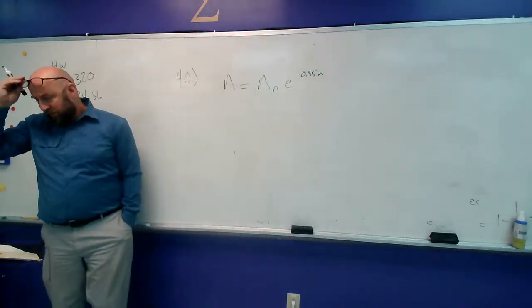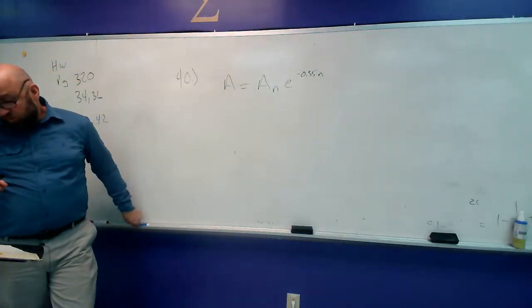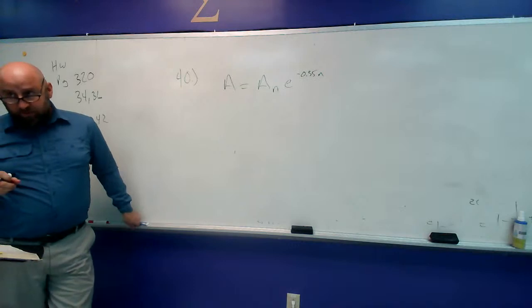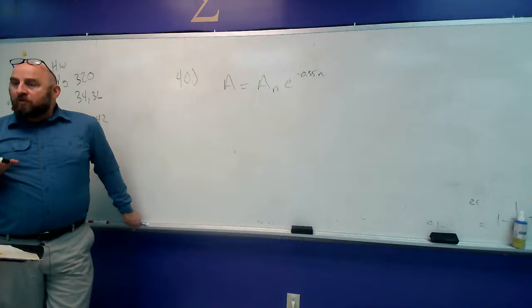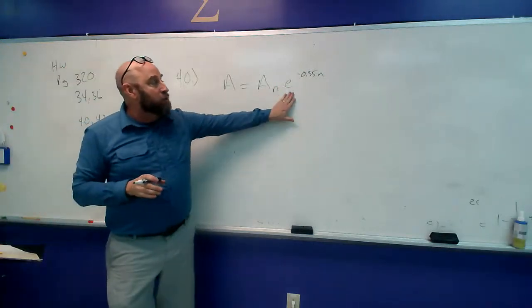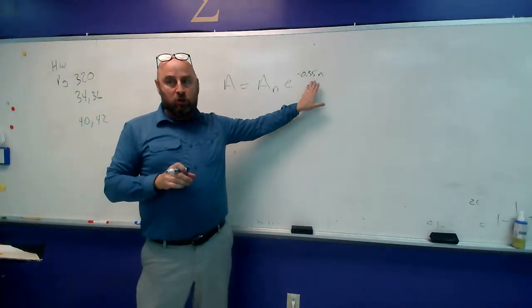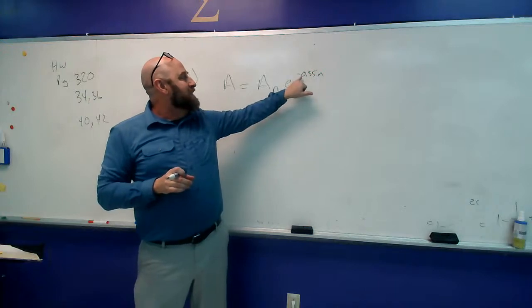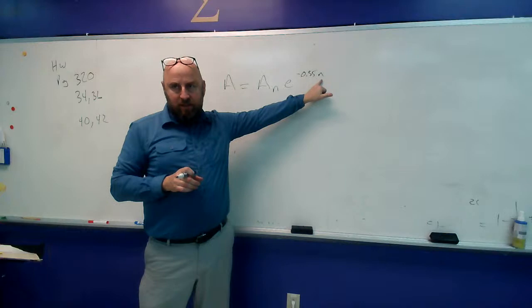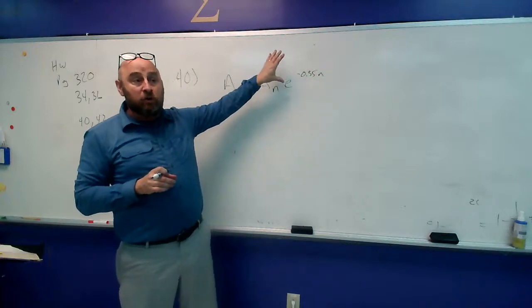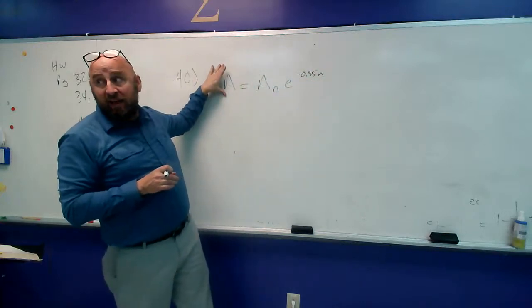So what are we saying is happening here? We're saying that the value e raised to negative 0.35 times the number of days will tell you how much of the wound is left.